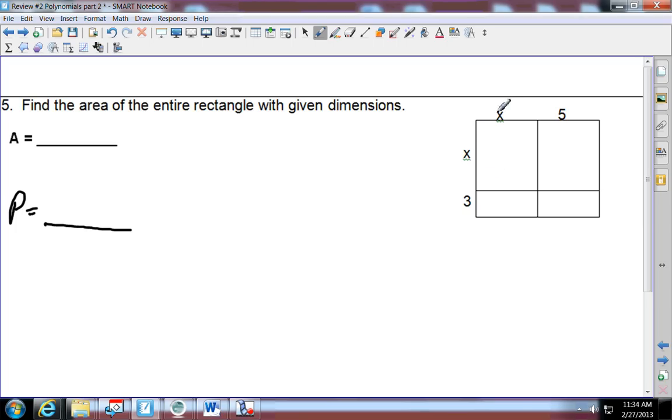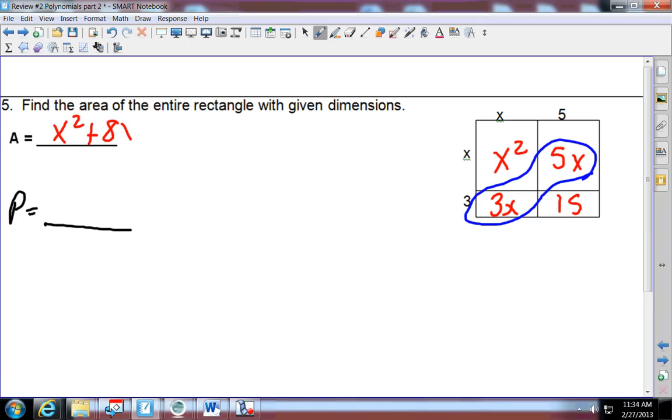So I'll take x times x, which is x squared, x times 5, 5x, 3 times x, 3x, 3 times 5 is 15. These two are going to go together. So my area is x squared plus 8x plus 15.